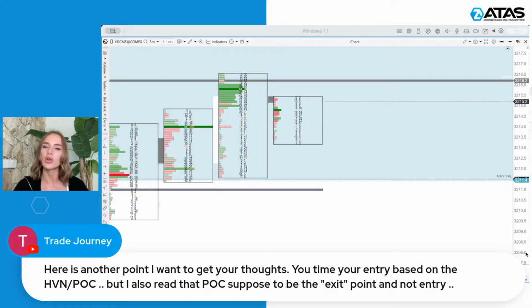I use high volume node, point of control, and value areas both for entries and exits, because if I'm in a buy and the price reaches a high volume node, then surely the price might reverse there and I'm not going to be holding my trade. So I close my trade on the high volume node as well.